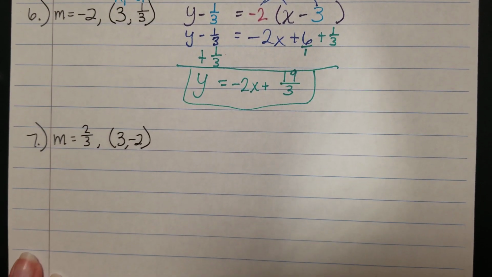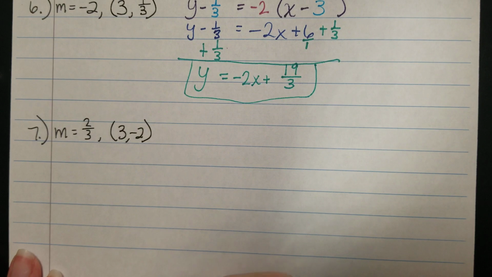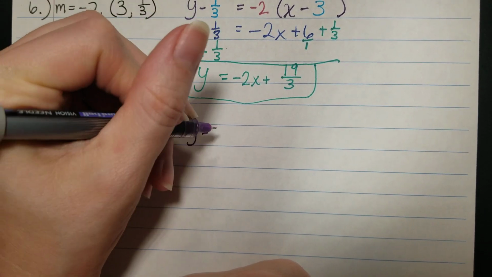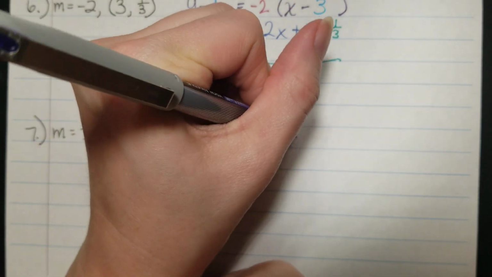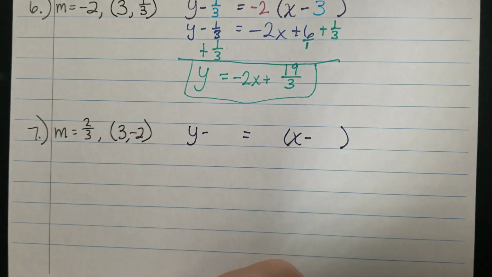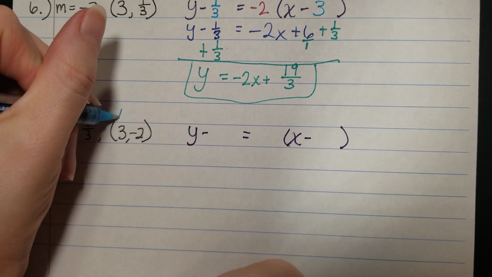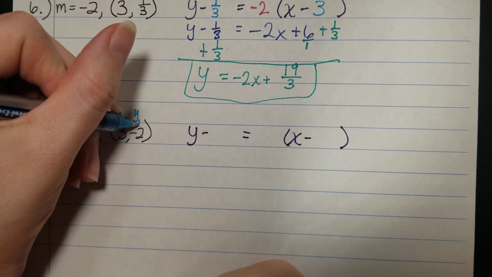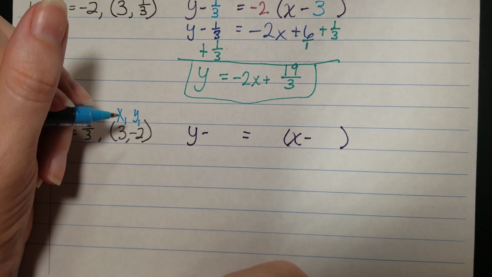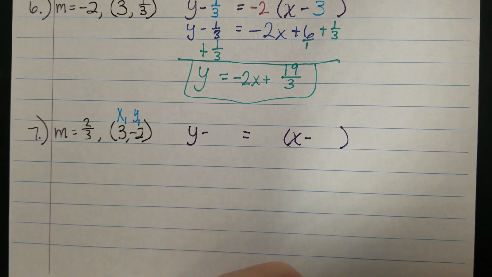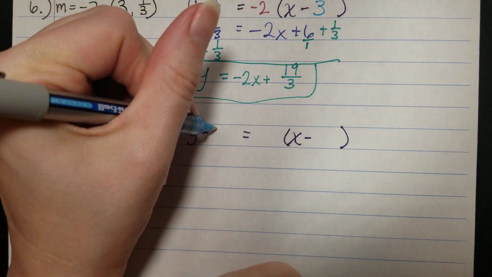Okay, and number 7, same thing. So we have x1 is 3, y1 is -2, and m is 2/3.